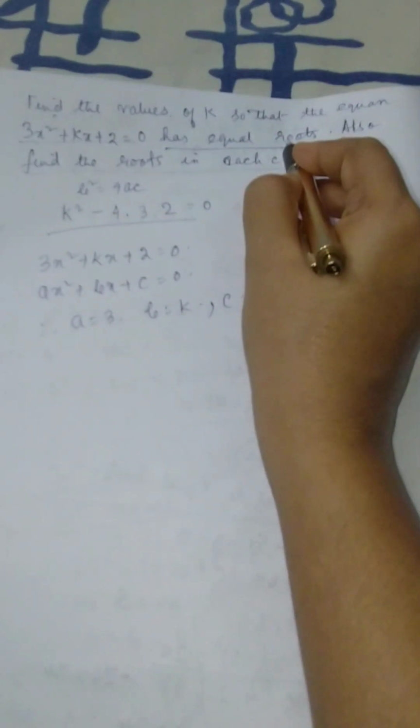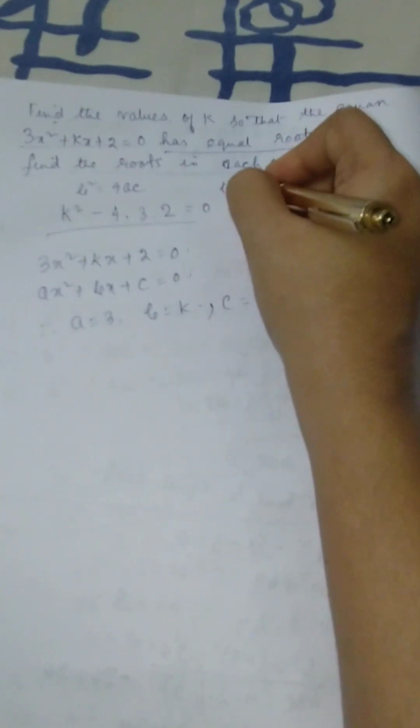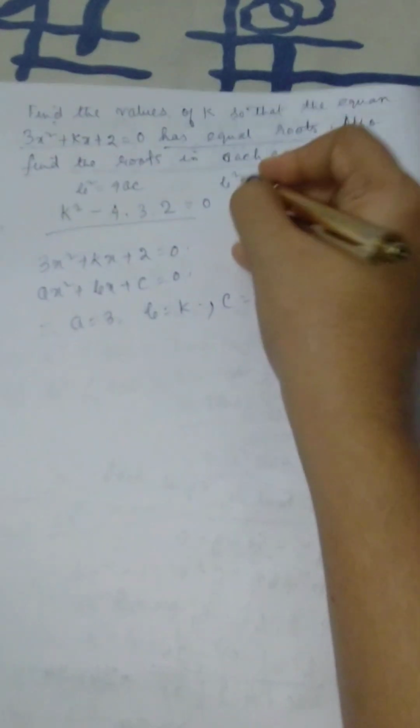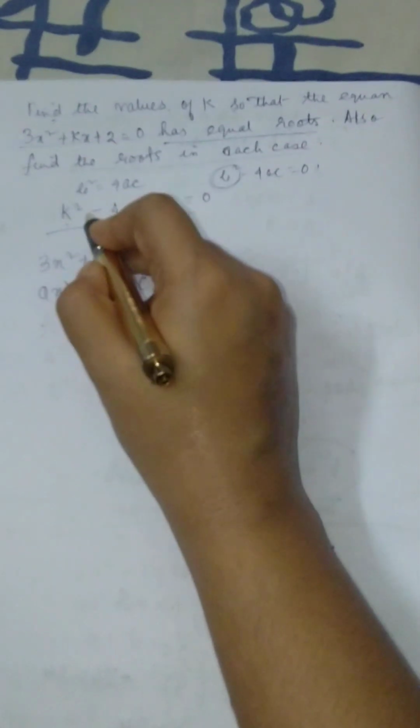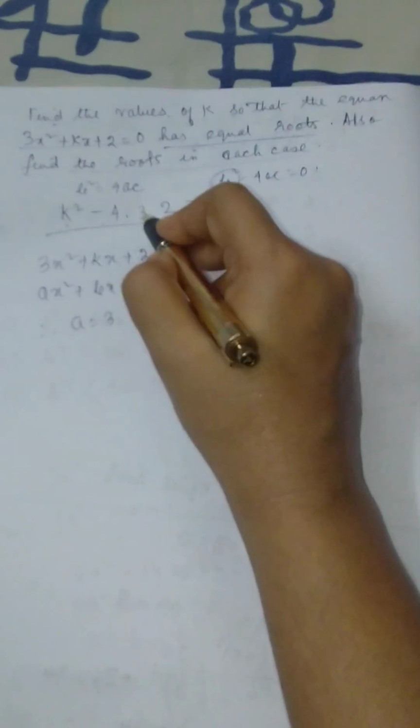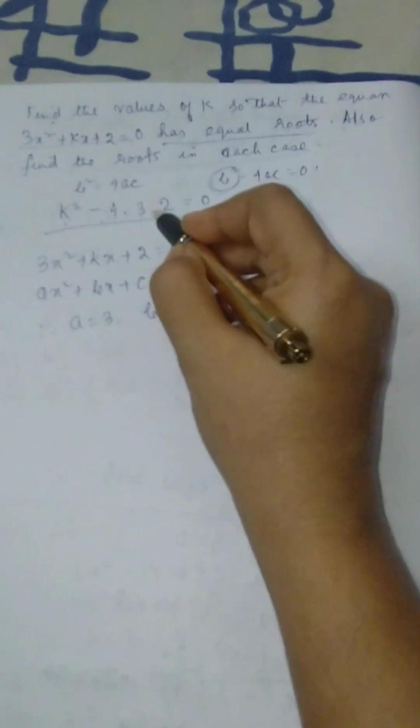So here I can write, as it has equal roots, b square minus 4ac equals 0. So in place of b square I will write k square minus 4 into a, that is 3, and c, that is 2.